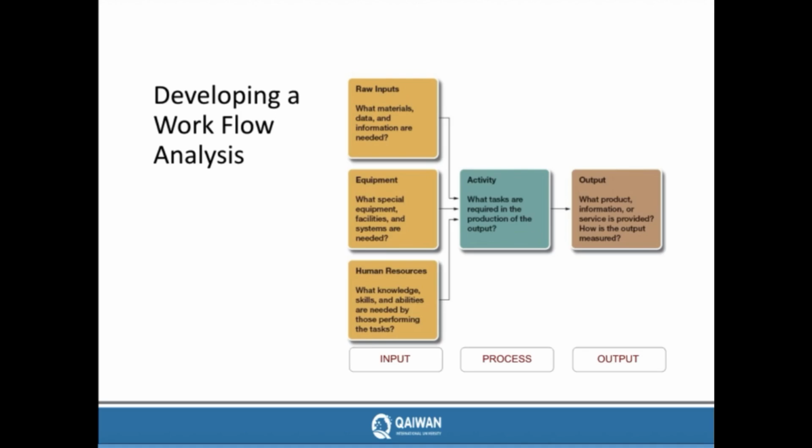This process is the second step in developing a workflow analysis. And finally, we reach the output. In a restaurant, the output could be a product or service, like a prepared meal. In a university, the output is educated students or graduates.